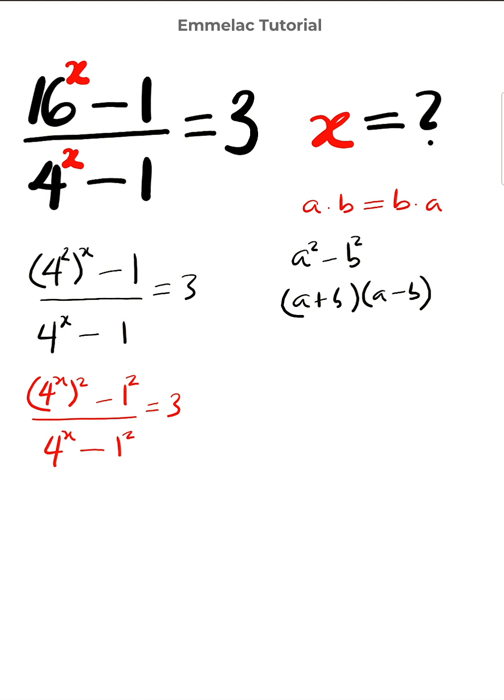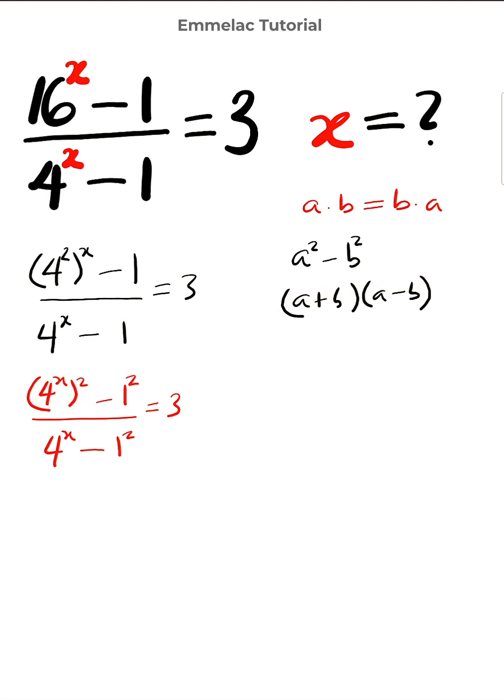Okay, and if we take a look at this and this, you see similarity, where a^2 is the same thing as (4^x)^2, and b^2 is the same thing as 1^2. So I can break this numerator to this.